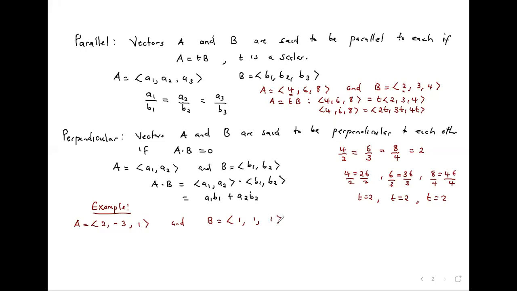Are these two vectors perpendicular? You get A dot B, so you have 2, -3, 1 dot 1, 1, 1. So you say 2 times 1 plus -3 times 1 plus 1 times 1.